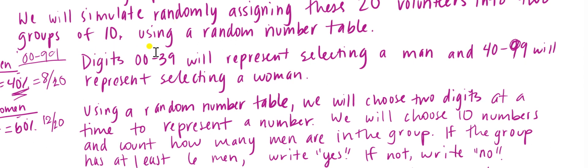So I have now said I'm going to pick random numbers using a random number table. Digits 0 through 39 will represent selecting a man. 40 through 99 are going to represent selecting a woman. Using a random number table, we're going to choose digits 2 at a time to represent a person, a volunteer.